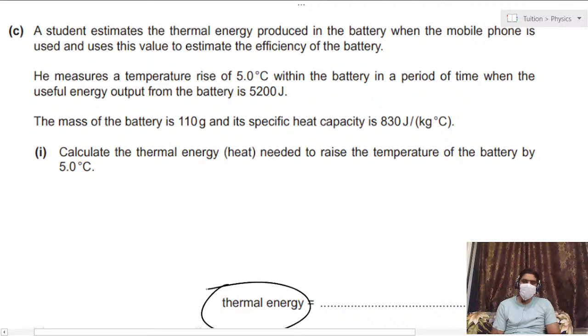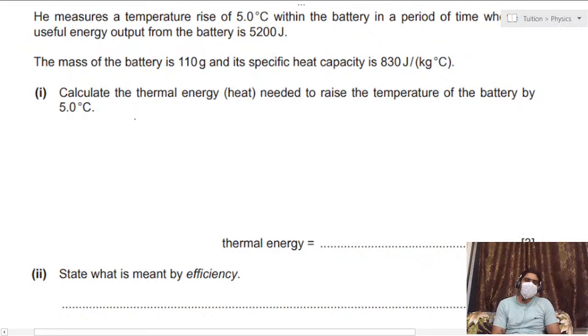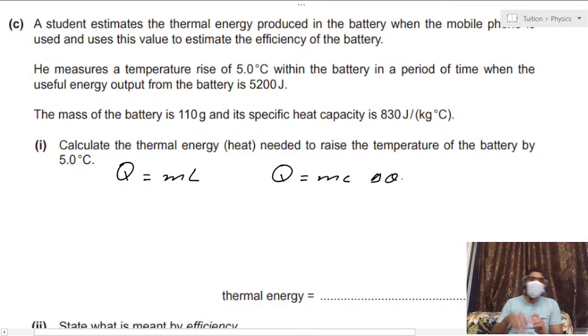Thermal energy, the first thing: you have two formulas for thermal energy, Q equals ml and Q equals mc delta theta. Which one of these two formulas do we use here? Which formula is compatible in this case with this question?